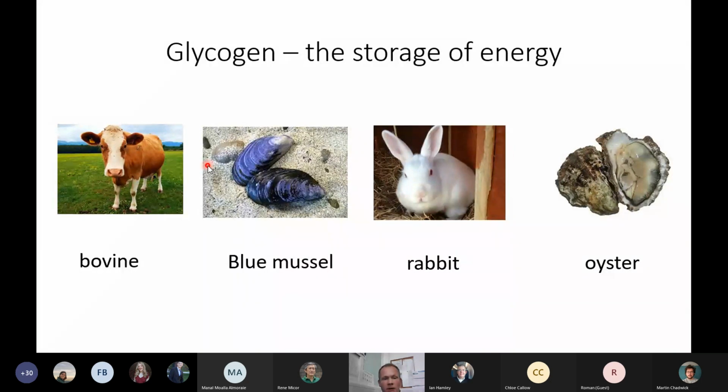In my work, something like 13 years ago, we selected glycogen from different sources. We took bovine glycogen from Sigma, blue mussel glycogen, rabbit glycogen, and oyster, because glycogen is a part of a variety of animals, including some bacteria and fungi.